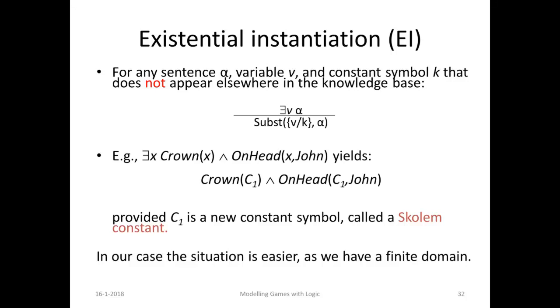If you don't know the size of your domain, if you have an open domain, you can still do such a propositionalization, and that is by choosing just a new object that you can make your example for an existential quantification, which is called a Skolem constant. So that's this Skolemization of first order reasoning. In our case, this is not necessary because we have a closed world assumption where we know all the 20 cards. So if you have an existential quantifier, you only need to take one of the 20 cards as a possibility.